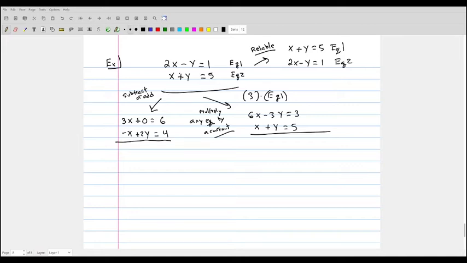So these three changes are the basis for the steps in what's called the row reduction algorithm, or Gaussian elimination.